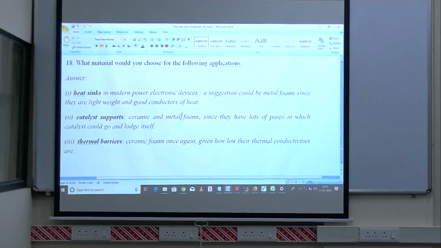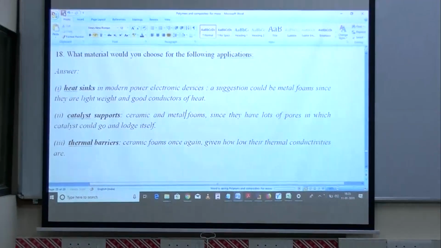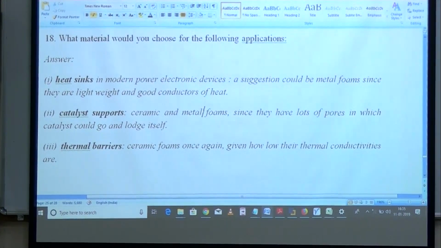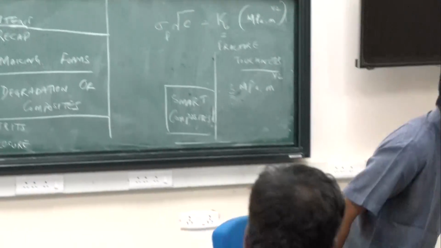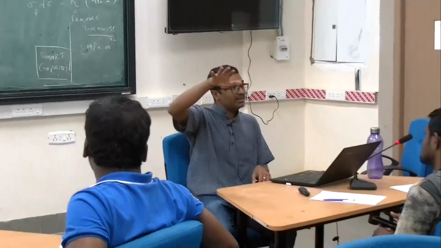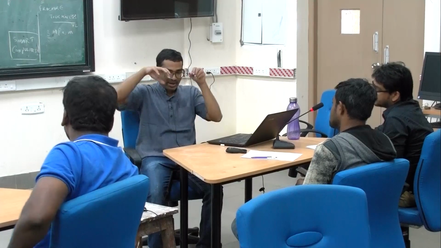Yeah, metal foam allowed. As I told you, it depends upon the application. So it can be ceramic and metal foam. You are absolutely right. So also, for example, the hydrogenation catalyst. It's not hydrogenation, it is actually hydrogen evolution, because hydrogen is not necessarily getting into the matrix. It's basically just evolving. When you say hydrogenation, it means I have a material and I'm putting hydrogen into the material, which is different from hydrogen evolution.